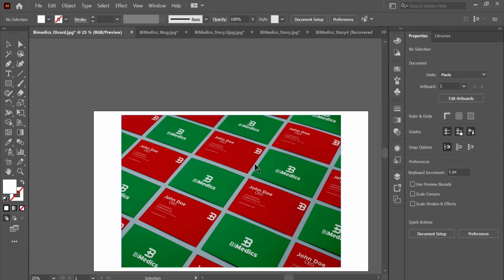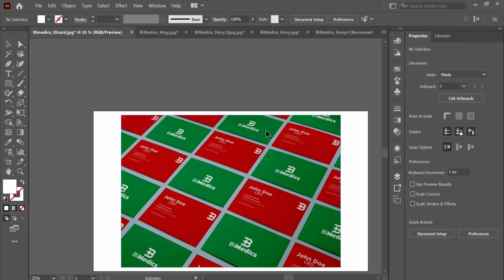So that's why the red is being used. And of course, this green has to do with health and growth. So for that reason, it is used to represent the growth of the company, of the brand, and also the health of the client. So that's the concept behind the color choice.